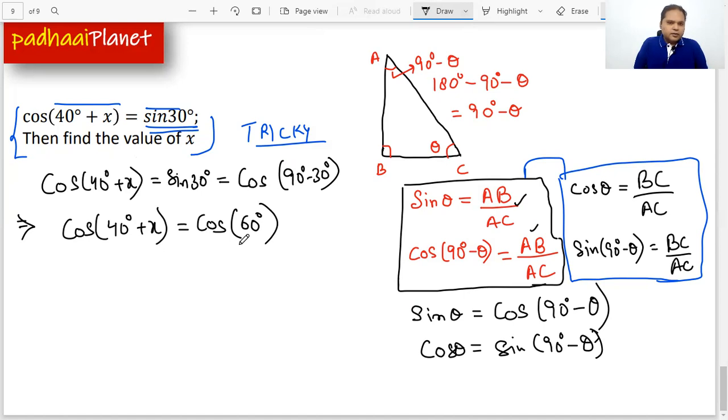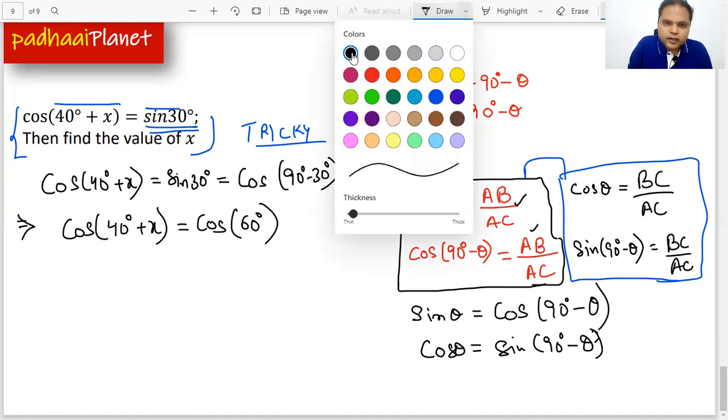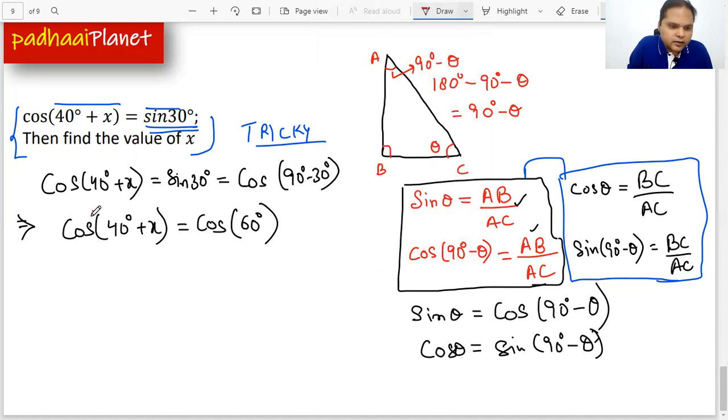Now here we can simply apply the trick from trigonometry, that if cos of an angle is equal to cos of another angle, then it's quite evident and very clear that the value of the angle is equal to the value of the angle on the right side.